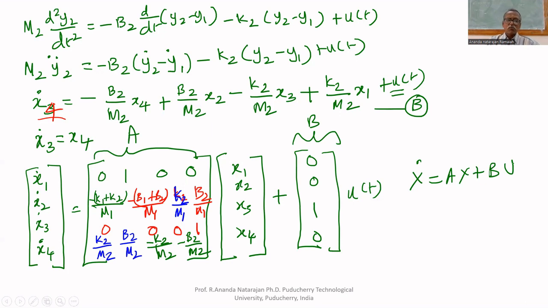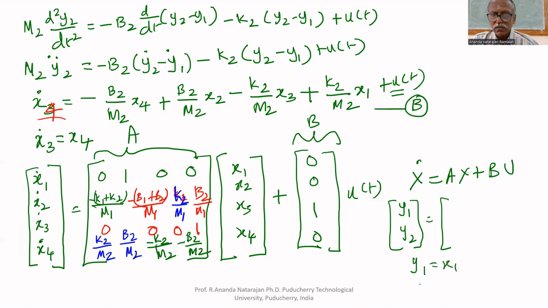Suppose you want to write the output equation, what are all the outputs? Y1 and Y2 are outputs. Y1 equal to x1. Y2 equal to x3.